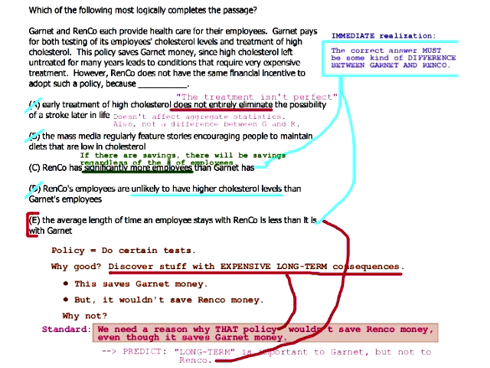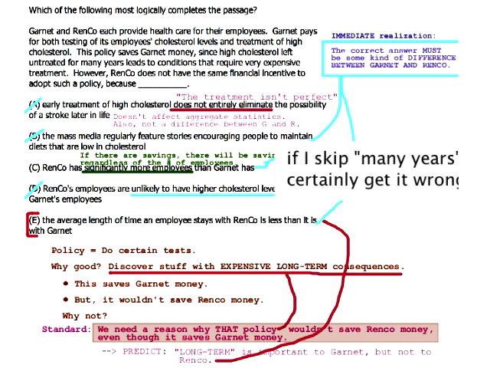If you skip the words "many years," then yeah, but that's the point. You don't skip the words "many years." That's the thing that matters a lot, and you would want to read that part carefully because that part is the whole reason why the policy works. So you wouldn't want to read that with half attention. I'm talking about this comment from the chat box here.